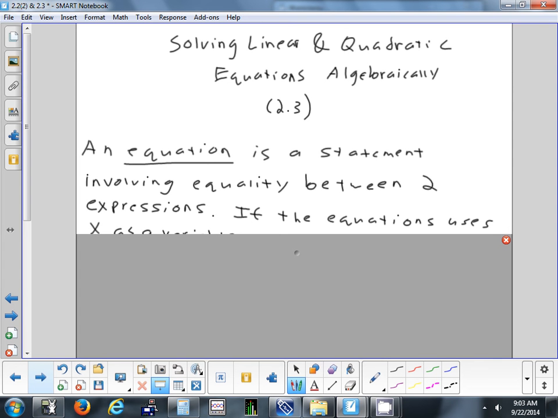All right, so first thing we start out, just a basic definition of what an equation is. So an equation's a statement that has an equal sign in it. And then we have an expression on the left of the equal sign and an expression on the right.